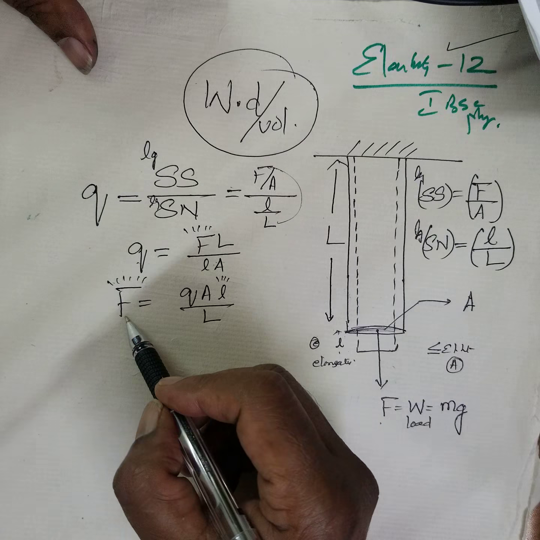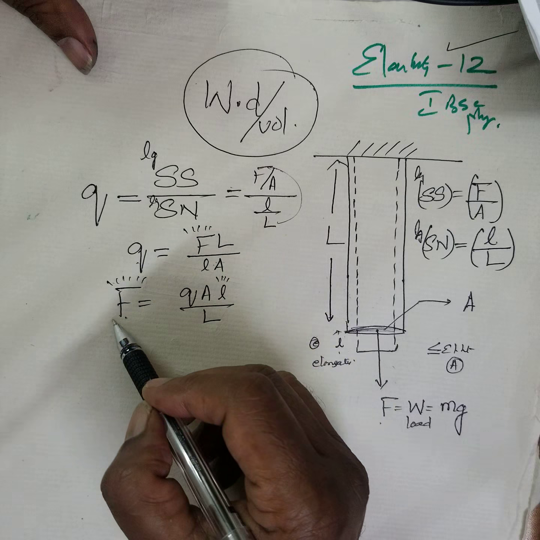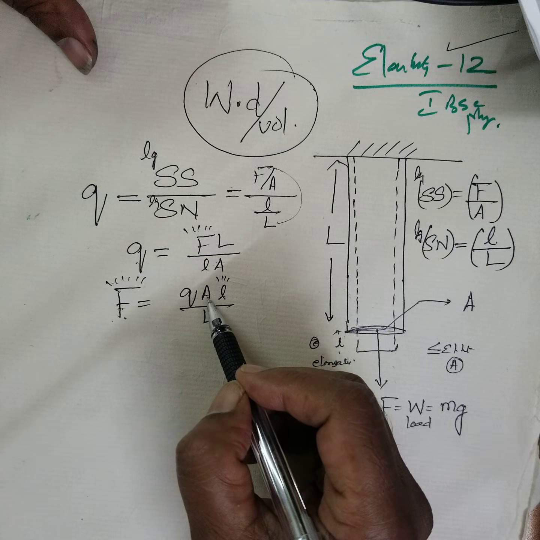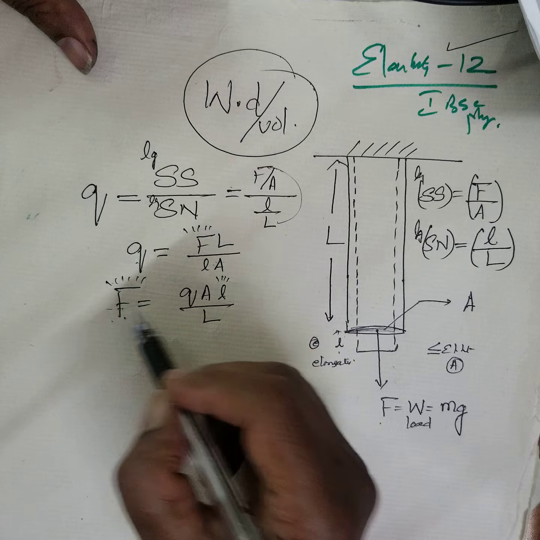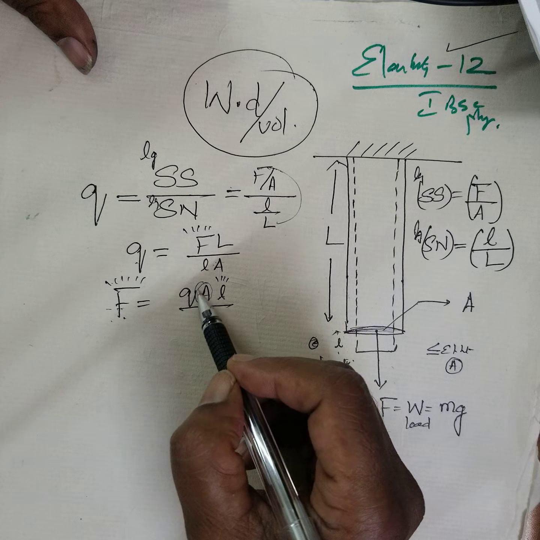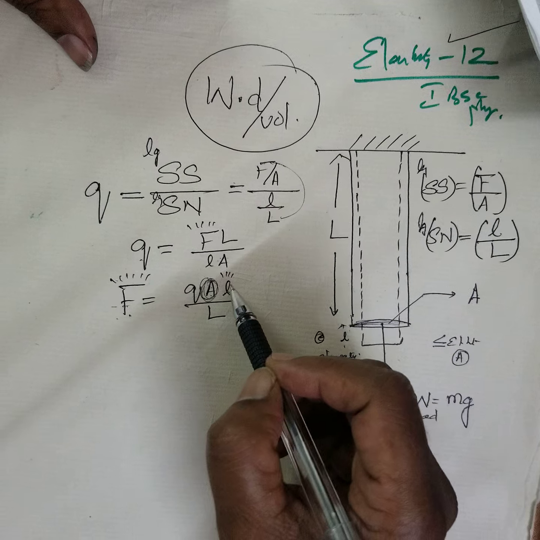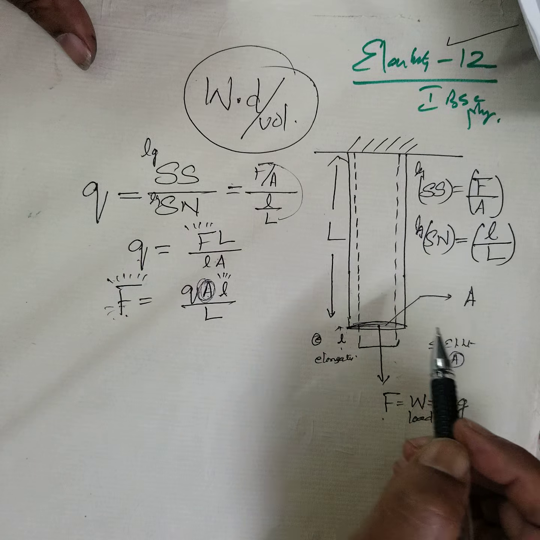When I add 3 kg, 3 millimeter; 4 kg, 4 millimeter. The area slightly decreases, but it's negligible. Within elastic limits, we assume this area is always constant.